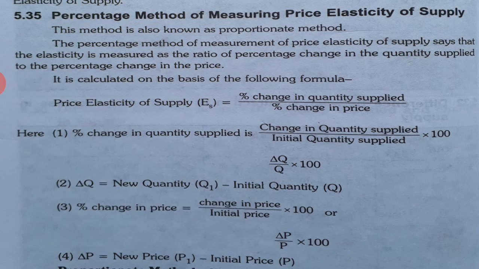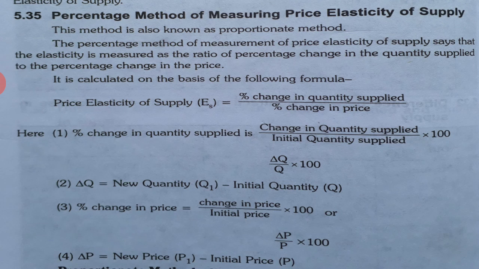It is called ES, symbolically ES, that is percentage change in quantity supplied upon percentage change in price. And we want to convert it into percentage, then as we studied in very junior classes, we have to multiply it by 100.